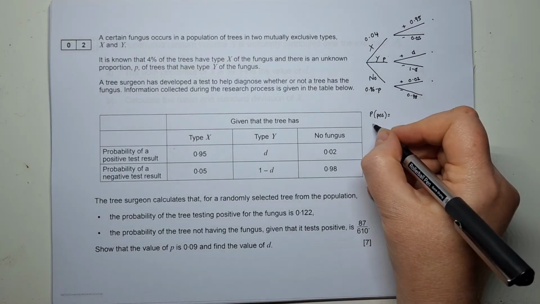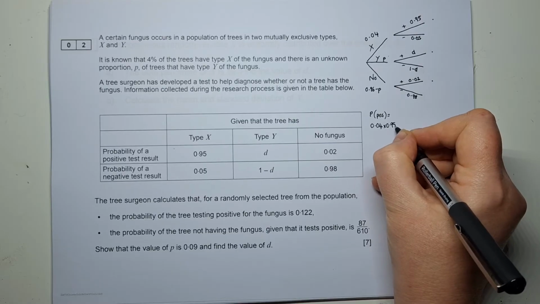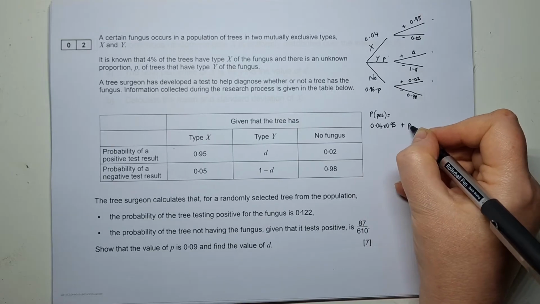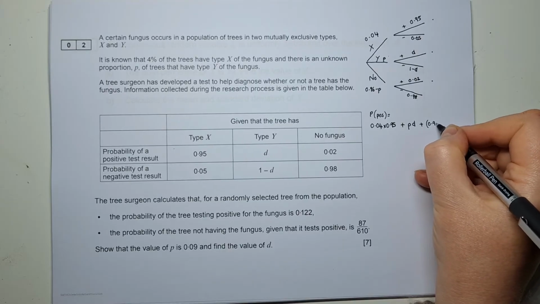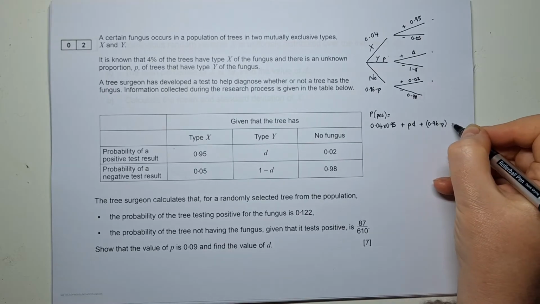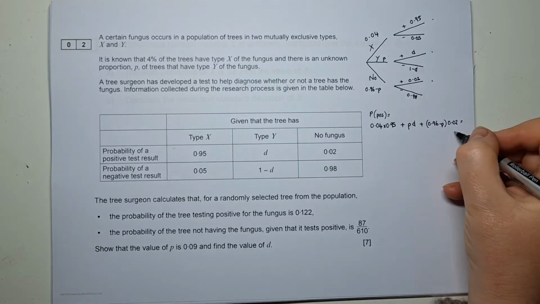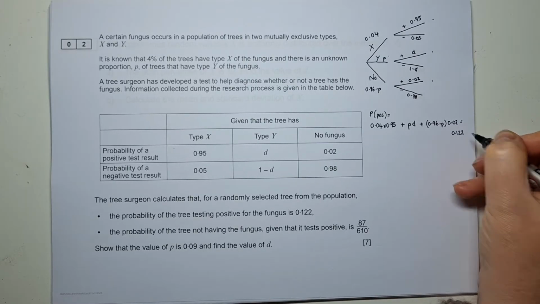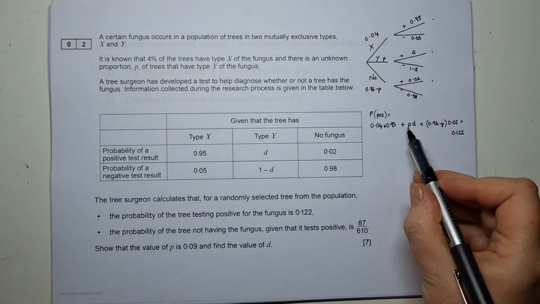So that will look like this: 0.04 times 0.95 plus P times D plus, in a bracket, 0.96 minus P times 0.02, and that will equal 0.122.